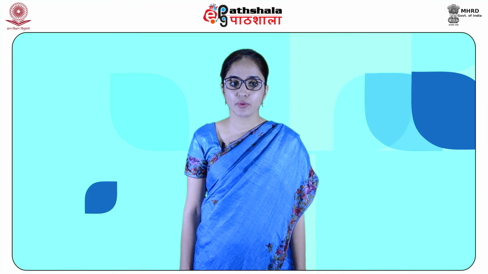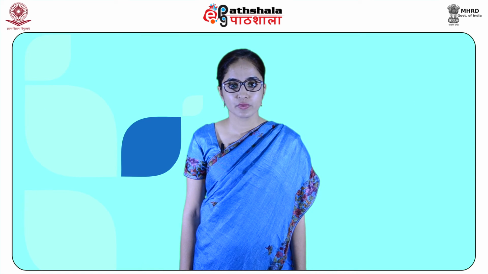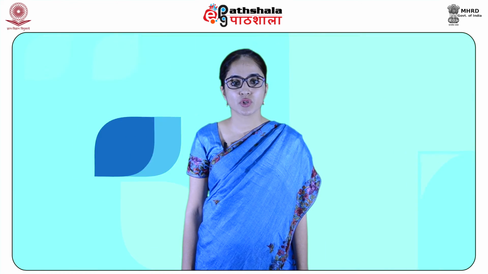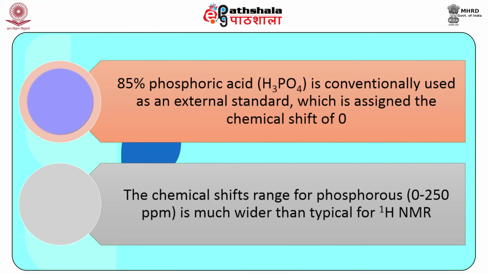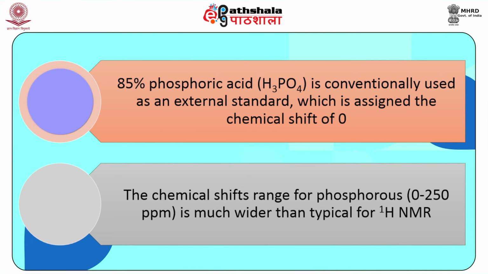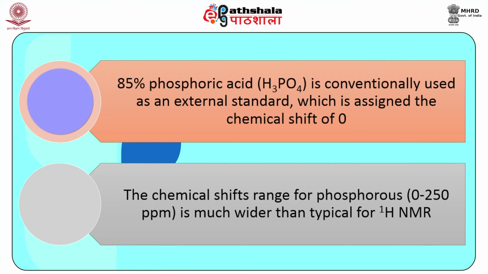Like proton and 19F, that is 19 fluorine, it has a spin of 1/2, thus making spectra relatively easy to interpret. Now 85% phosphoric acid, that is H3PO4, is conventionally used as an external standard, which is assigned the chemical shift of 0.